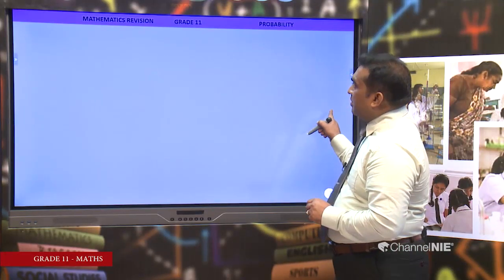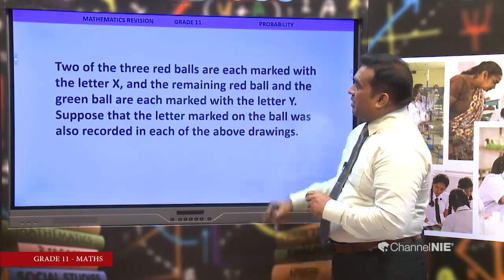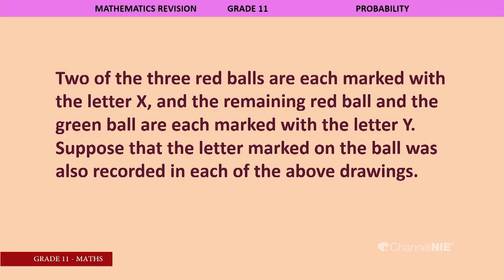Now, 2 of the 3 red balls are each marked with the letter X, and the remaining red ball and the green ball are each marked with the letter Y. Suppose that the letter marked on the ball was also recorded in each of the above drawings.